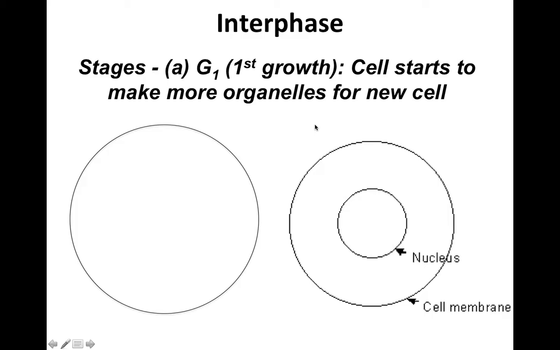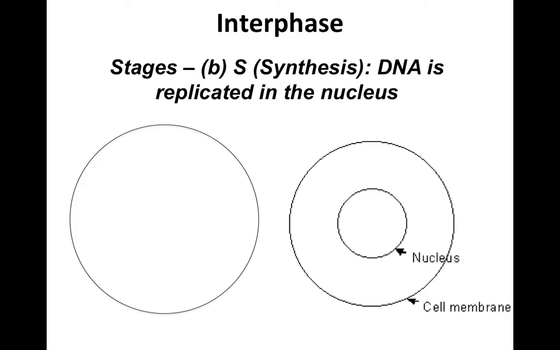That is G1. The second one, and I want you guys to put a star beside this. Everybody put a star beside B. The reason why I'm telling you to do that is because the EOC loves this one for some odd reason. B is going to be synthesis. Synthesis basically means to make, or it's the S stage. What's happening here is what we talked about yesterday.